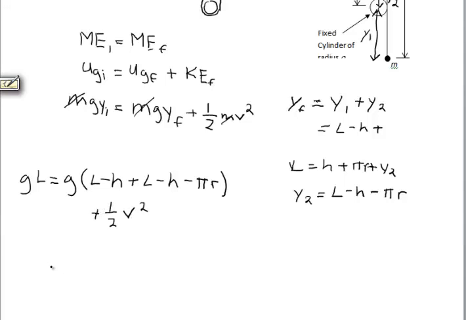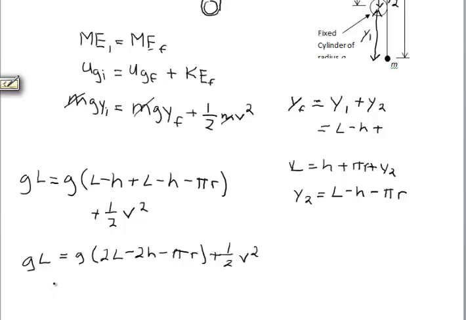Alright, so we got a lot of terms here. So let's see, we're going to have to combine all these terms. So it's going to be G, L. We're going to combine everything in these parentheses. So we got two L's, so I'll write down 2L minus 2H minus pi R plus 1/2 V squared.